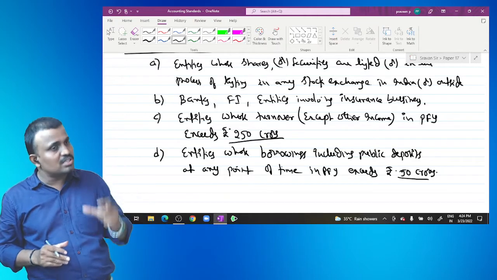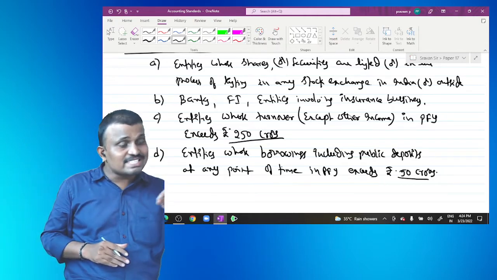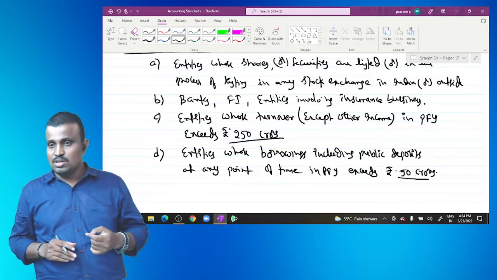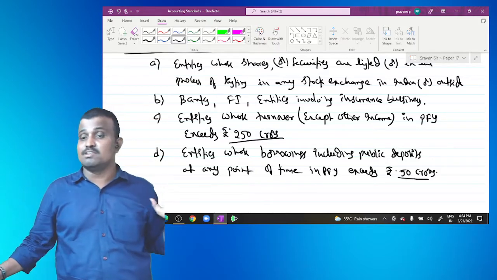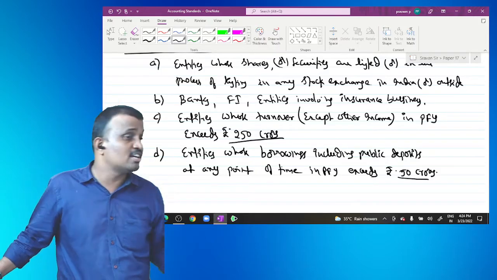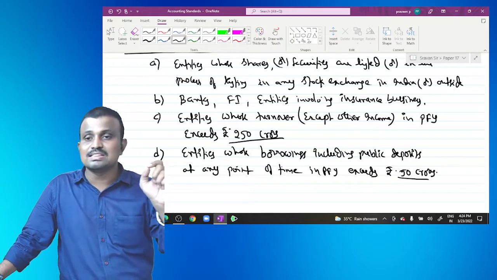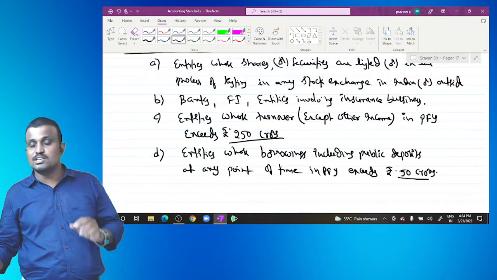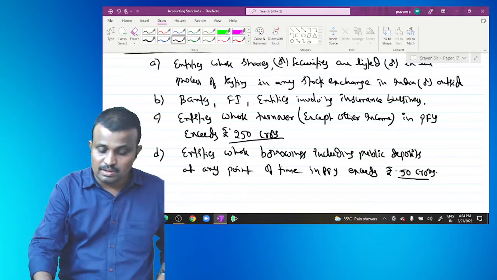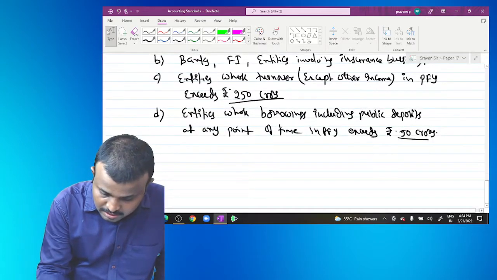So if the total turnover during the year exceeds 250 crore, then that is covered under Level 1. But remember, while calculating turnover, don't consider other income. Next.